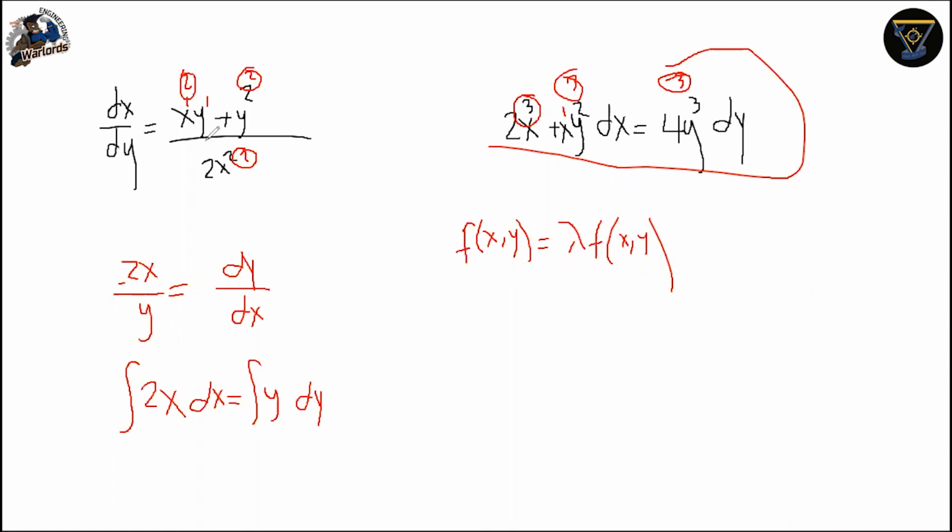Which other ones are there? If it's a linear differential equation, you know that it's in the form dy over dx plus p of x times y is equal to q of x.